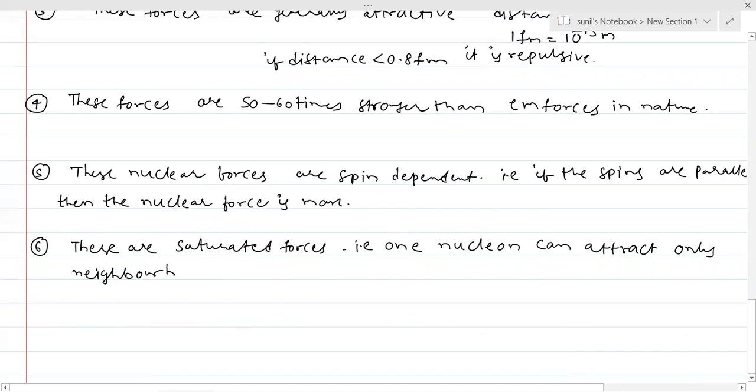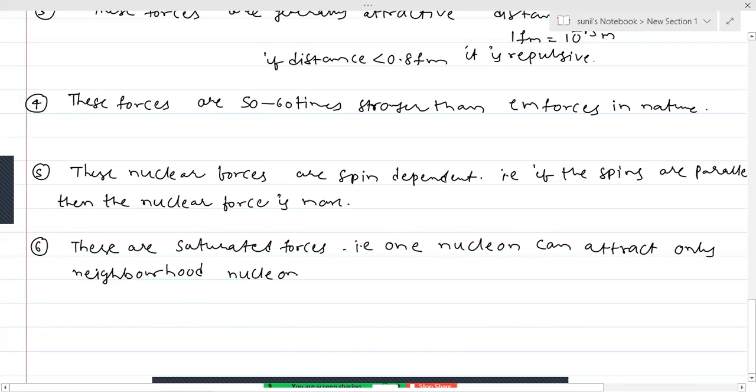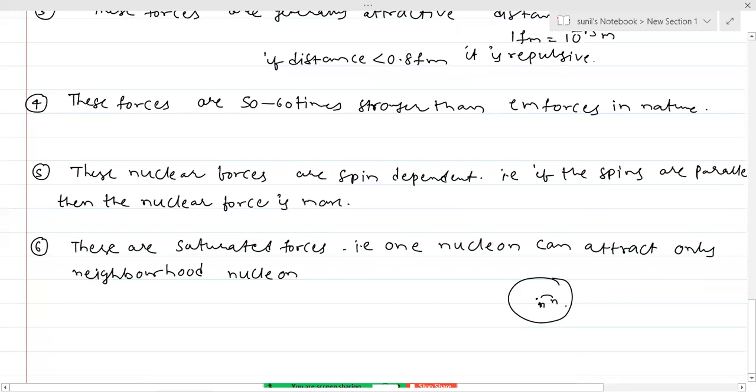So when we think of the nucleus, this is a nucleon, maybe a proton or neutron. It can interact with only the neighborhood nucleon, and it may not attract the nucleon which is very far away from the original nucleon. So it is satisfied with the neighborhood nucleon.